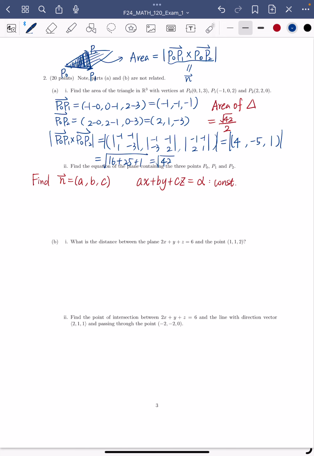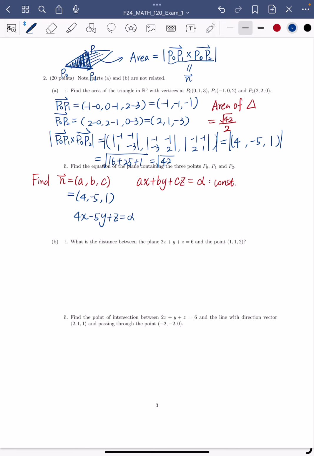So you have A, B, C can be 4, negative 5, 1. So the equation is this, plus an alpha, and this equals an alpha. How do we determine alpha?